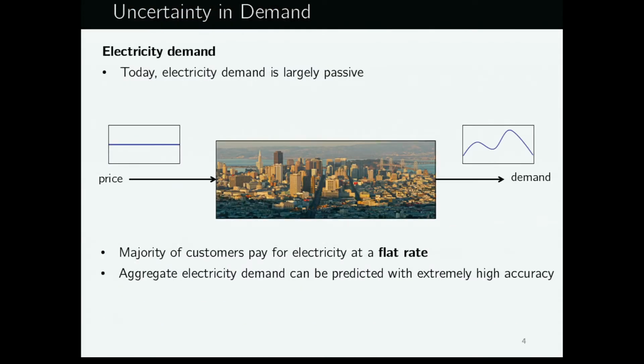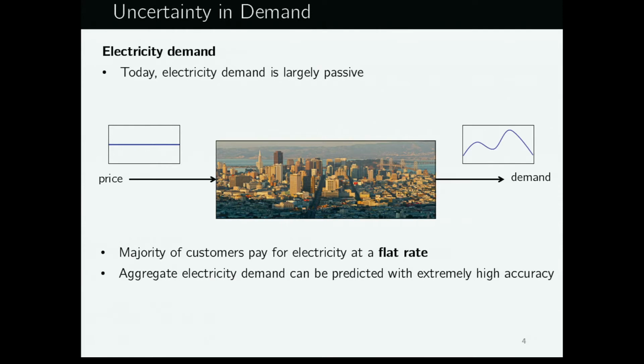And by the way, if there are any questions, please feel free to stop me. So another source of uncertainty, or emerging form of uncertainty, will be demand. Today demand is largely inelastic. Most customers see a flat rate for electricity, and they consume, not taking into consideration what that price actually is.